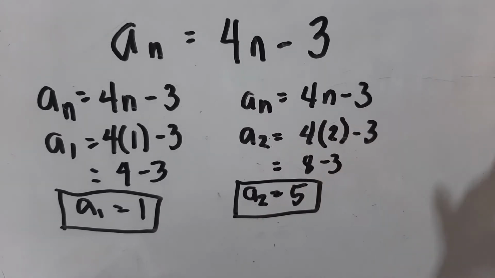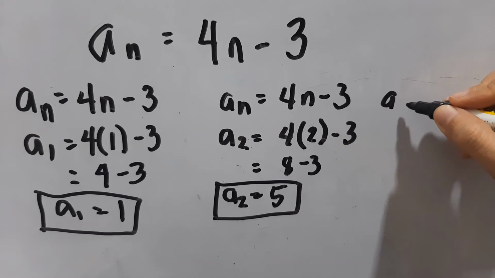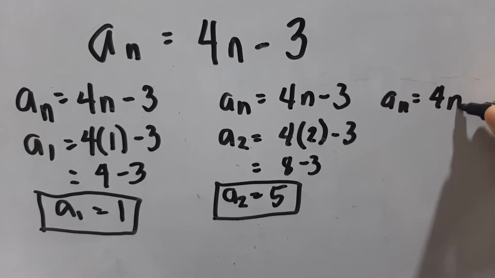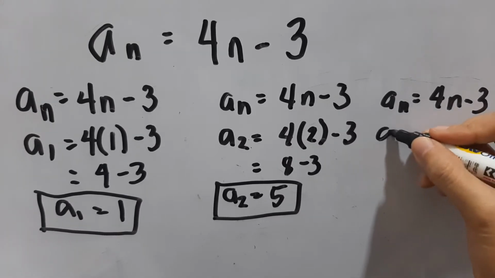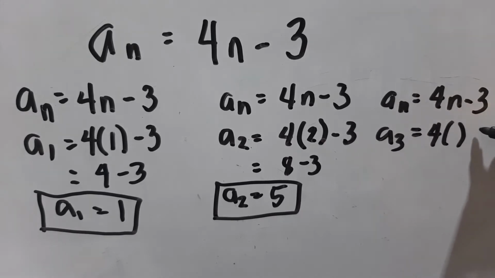And for the third term, a sub n equals 4n minus 3. So, that's a sub 3, 4, parenthesis n, minus 3. So, papalitan mo lang yung 3 dito, substitute n with 3.